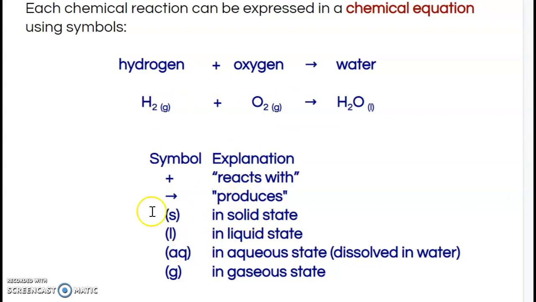Solid is a little s, so there's no solid here. Liquid is l. Aqueous state means dissolved in water, and there's none here. And the gaseous state is g, for gas. You're going to be experimenting and playing with these for pretty much the rest of this week.